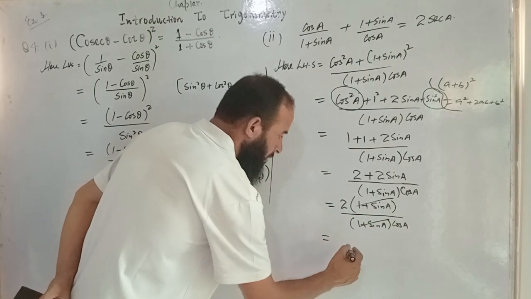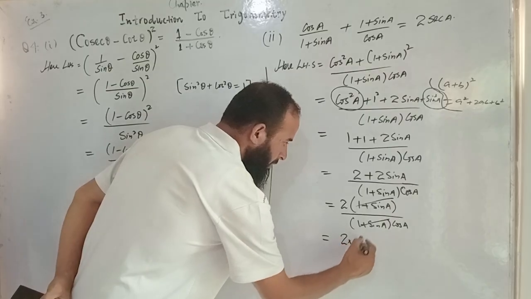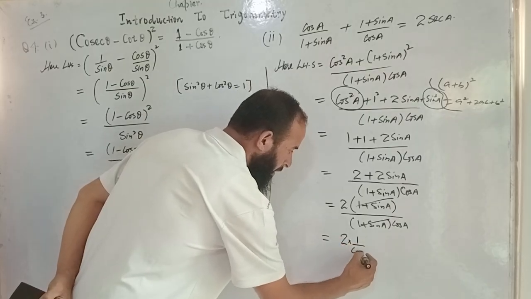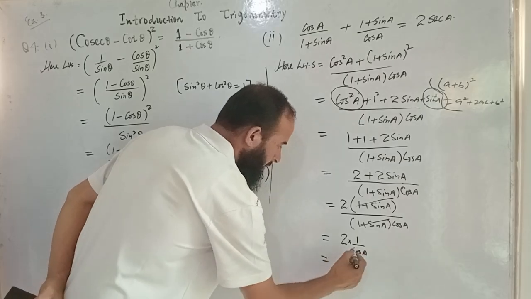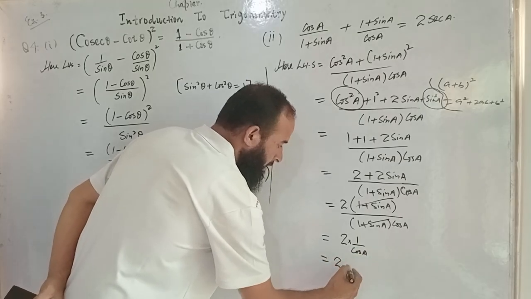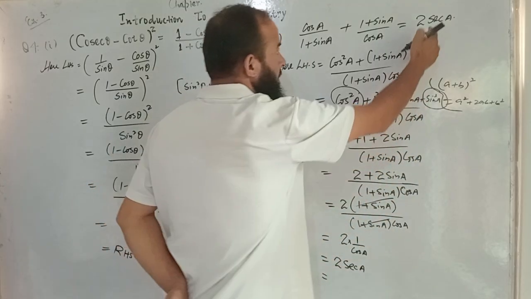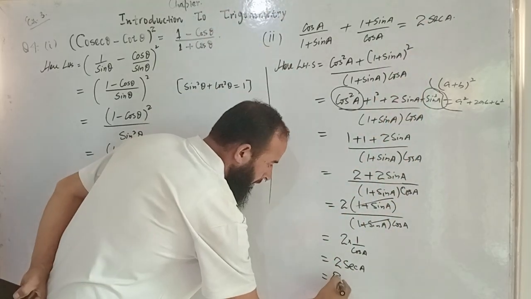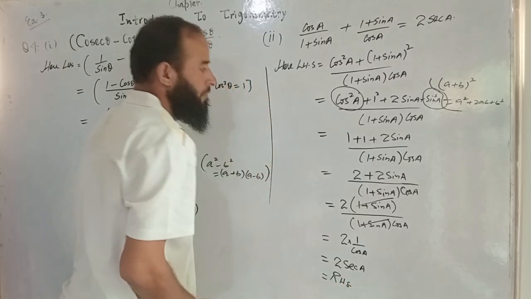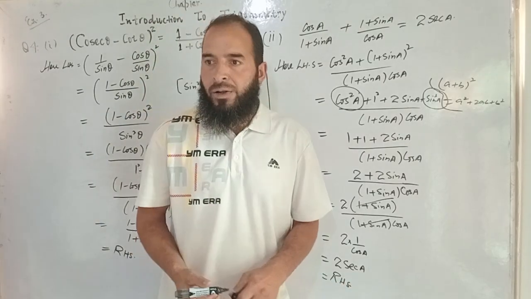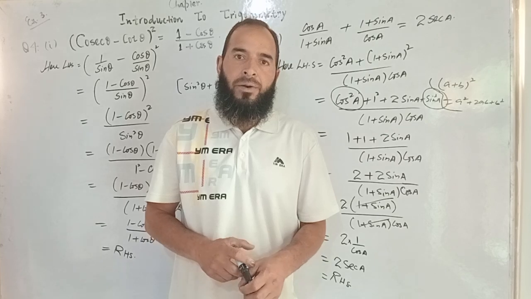It is 2 into 1 upon cos of A. What is 1 by cos A? It is sec A, so we get twice sec A, that is our RHS.